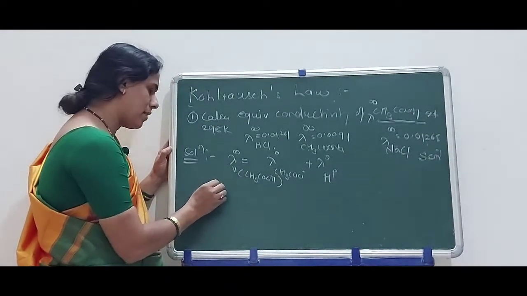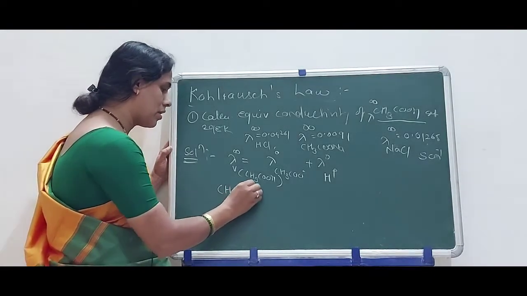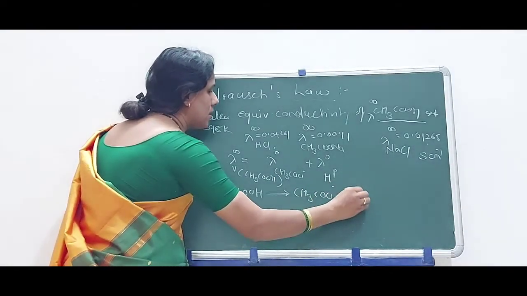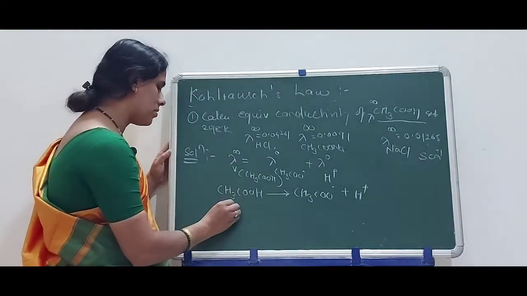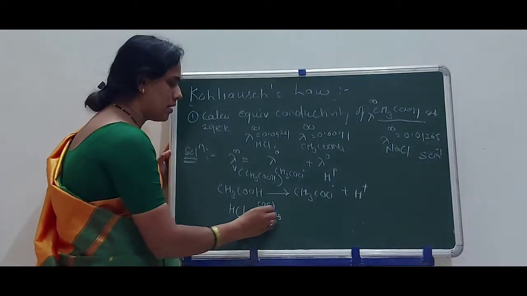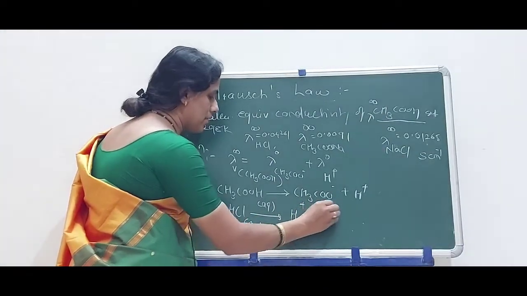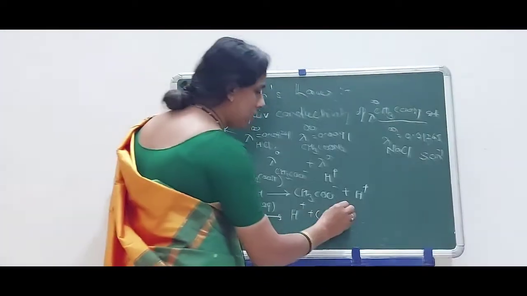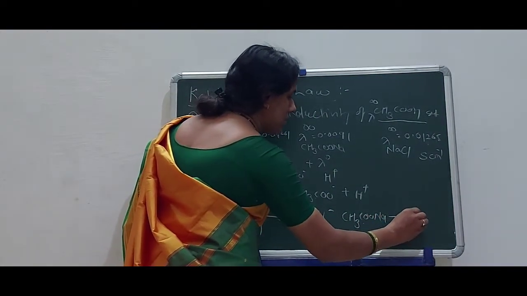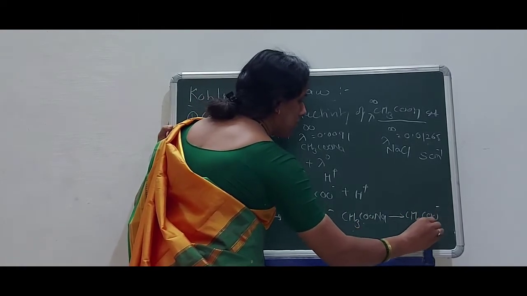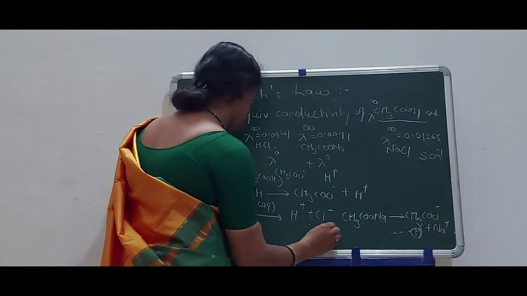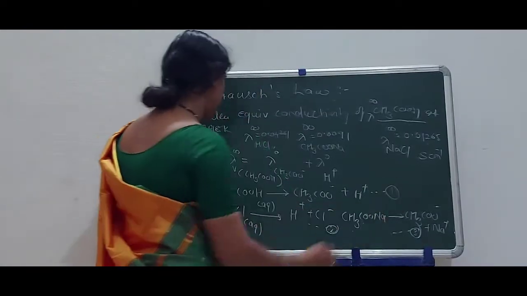First we write the reaction: CH3COOH dissociates into CH3COO minus plus H plus. Again, HCl dissociates in aqueous solution into H plus plus Cl minus. And CH3COONa gives rise to CH3COO minus plus Na plus. Write these as number 3, number 2, and number 1.